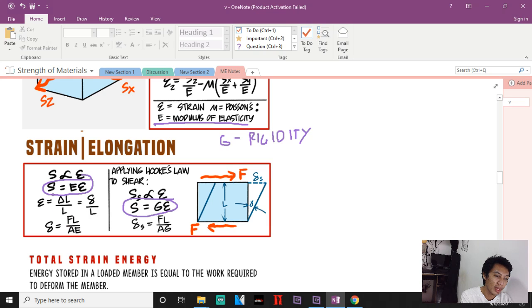S is the stress, epsilon will be the strain, and E is the modulus of elasticity. And that differs from any material. And then S equals G epsilon, where G is the rigidity, makukuha natin yan sa Poisson's ratio. Pakita natin mamaya.